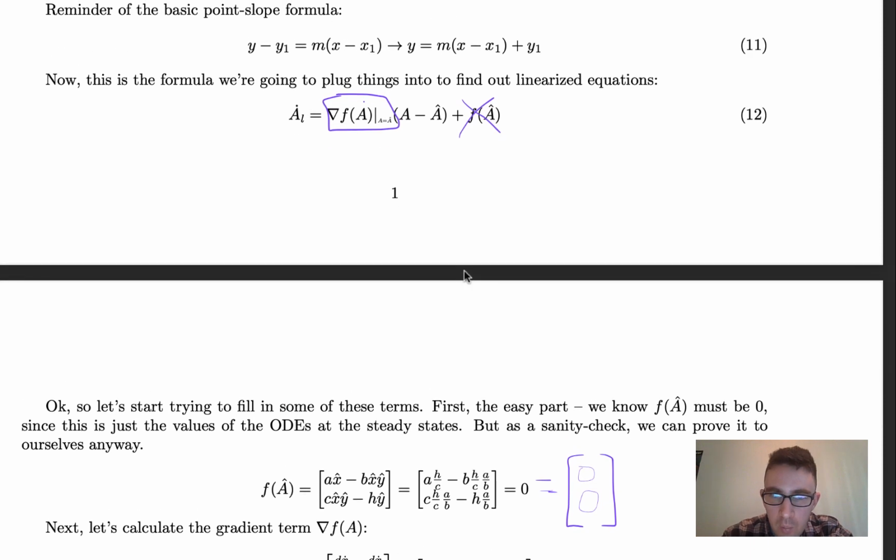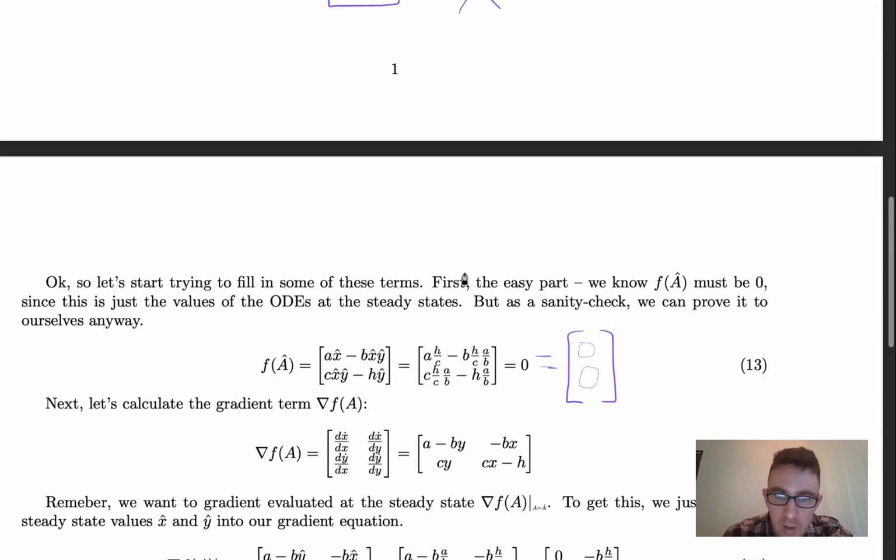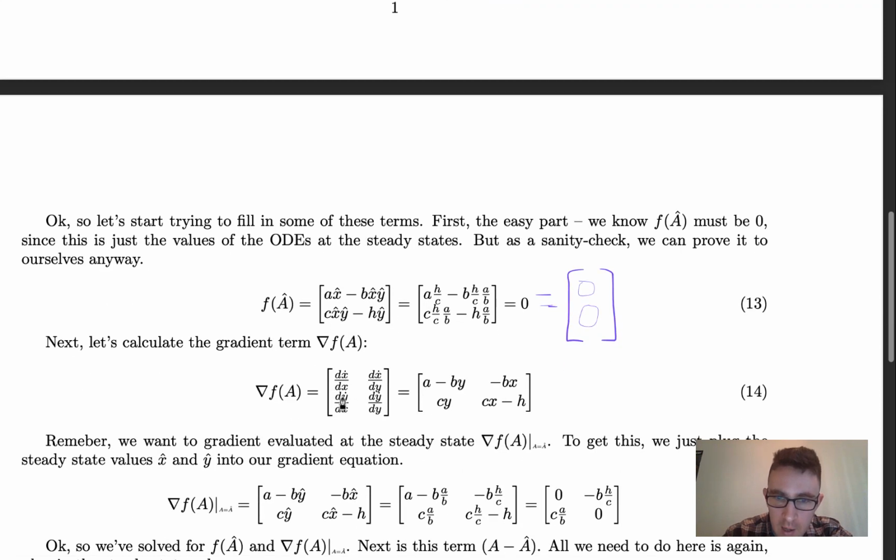So basically, this is what the gradient actually is. This is the actual matrix that we're talking about. It's just the partial derivatives of our original equations, so the partial derivatives with respect to the original variables.